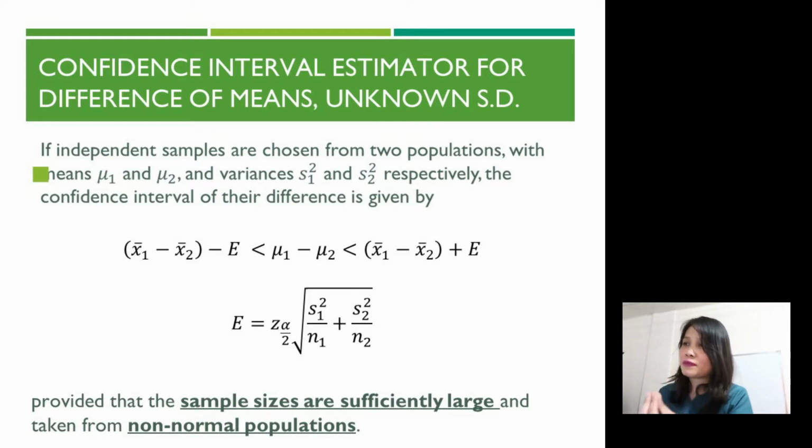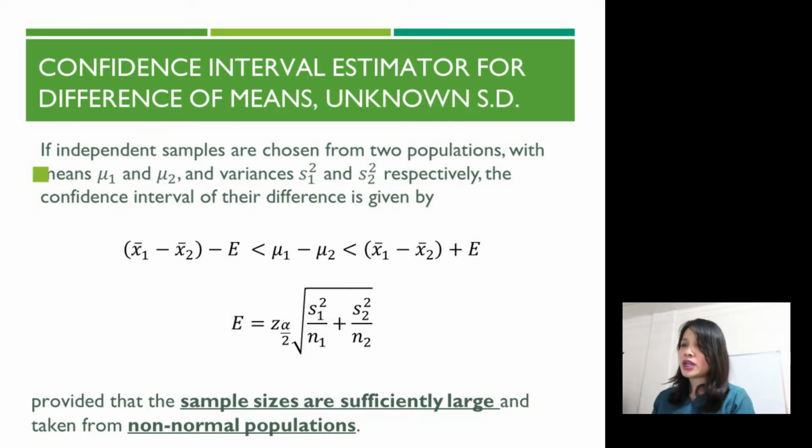So E is equal to Z alpha over 2 multiplied by the square root of the variance of the first sample divided by the first sample size, plus the variance of the second sample divided by the second sample size. Meaning E is equal to Z alpha over 2 multiplied by the square root of S squared sub 1 over n sub 1 plus S squared sub 2 over n sub 2.